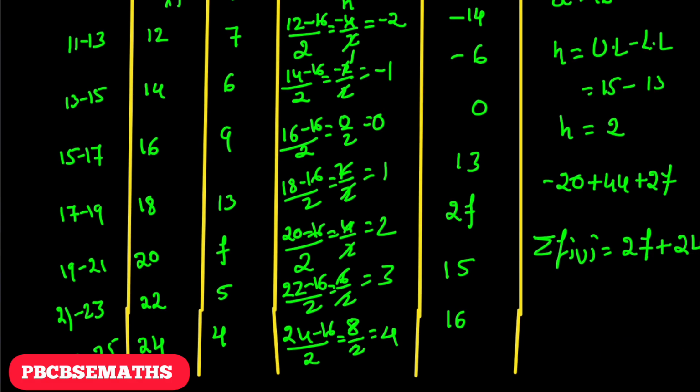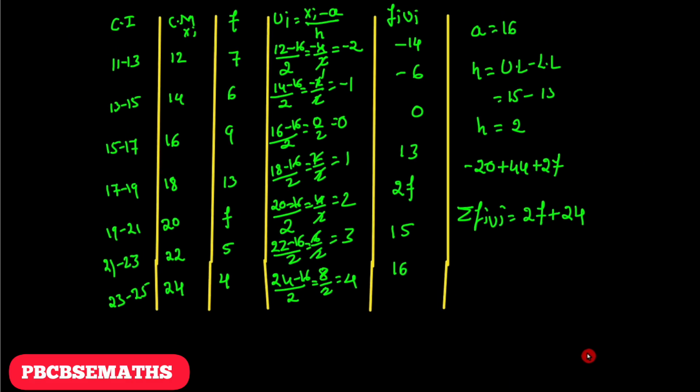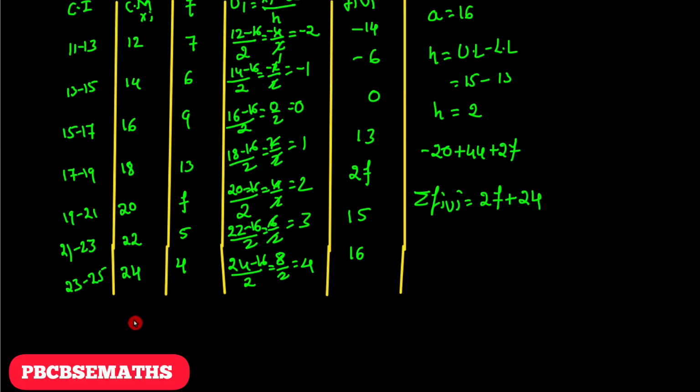Similarly, we have to find the value of the summation of f also. So let's do that. The summation of f is equal to 7 plus 6, 13. 13 plus 9, 22. 22 plus 13, 35. 35 plus 5, 40. 40 plus 4, 44.